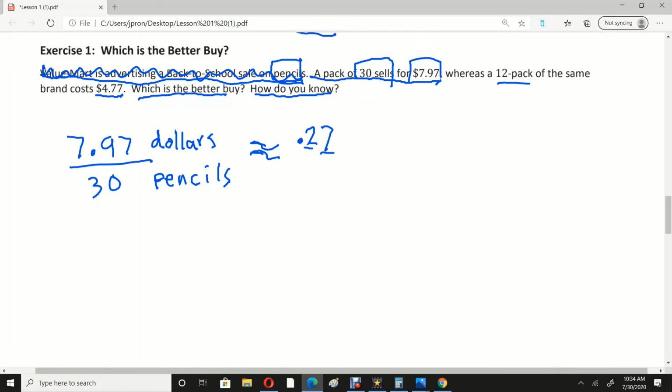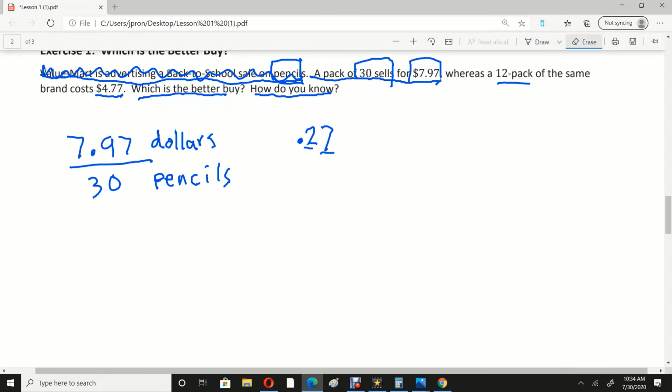In this case, I'm going to write approximately. If I didn't mention this before, these little squiggly lines, we talked about this last year, mean it's close. Not exactly equal, but it's close.